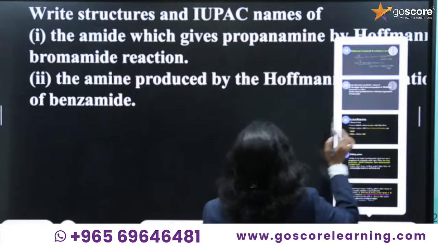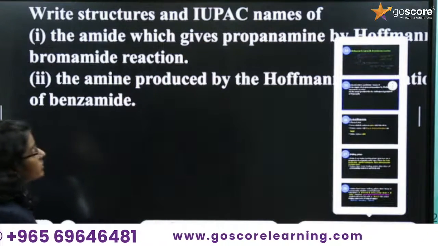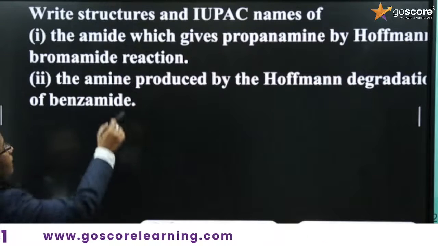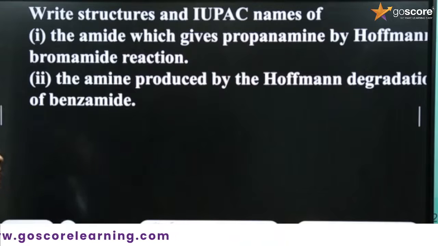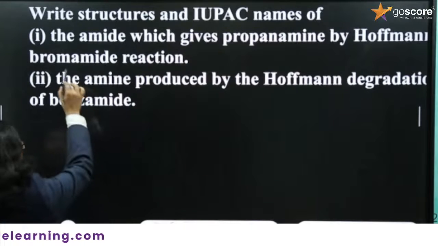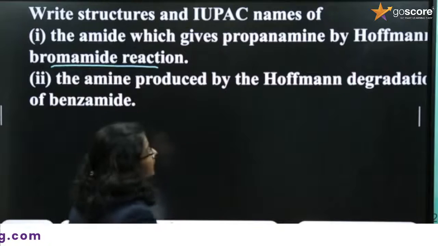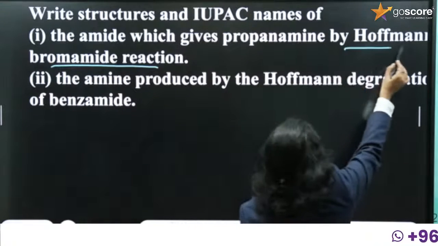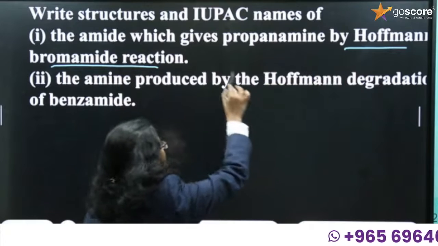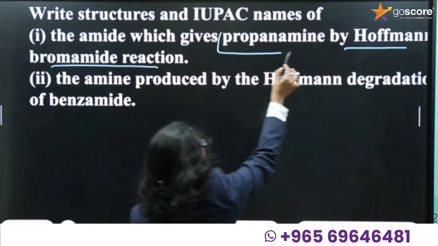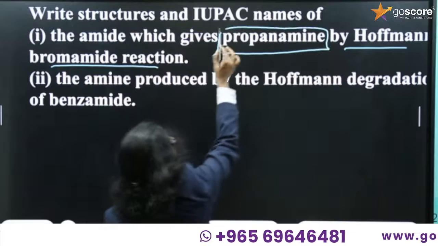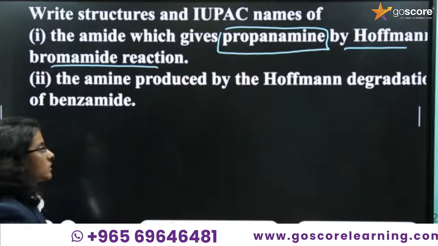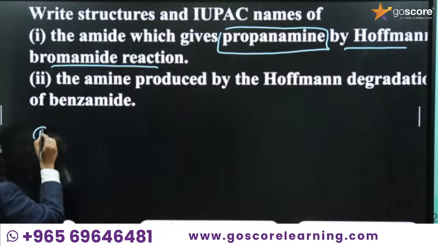The next question is: write the structure and IUPAC name of the amide which gives propanamine by Hofmann bromamide degradation reaction. They give a hint to us that it is a Hofmann bromamide degradation. The product is propanamine. If you want propanamine as a product, we have to take butanamide as the reagent.